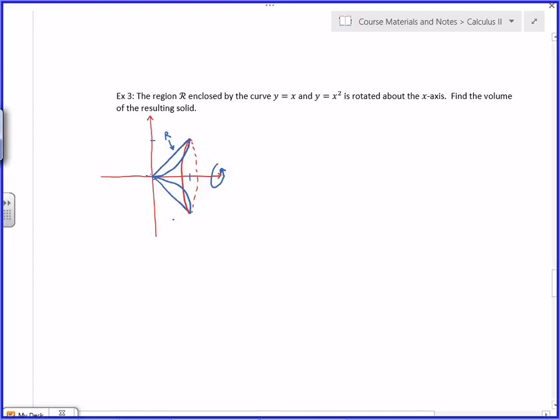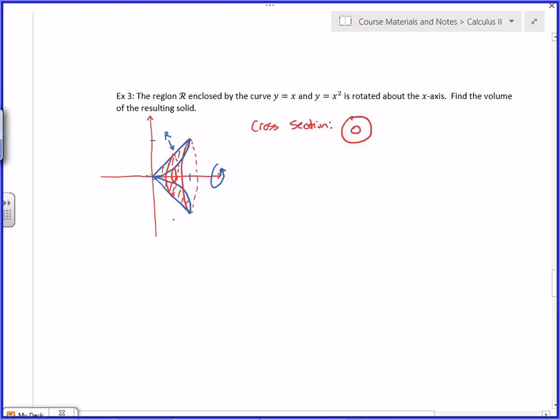The question is, what's the volume of the actual piece that gets revolved around here, right? So here's now where you've got to think what the outer radius and the inner radius are going to look like. Okay? So the cross section is a washer.